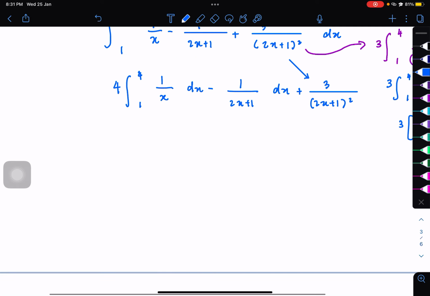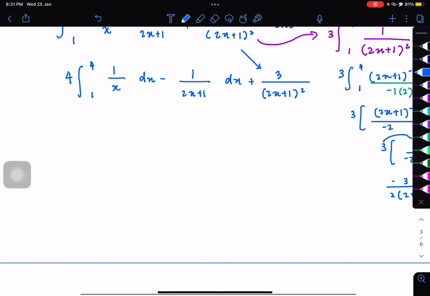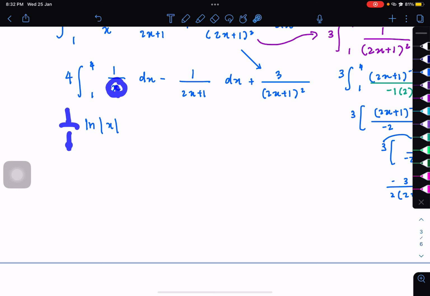Okay, now sekarang I will integrate 1 over x. 1 over x bila diintegrate dia akan jadi ln modulus x. 1 over 1 sebenarnya. Sebab kalau dia macam ni, kita 1 over dengan you differentiate this, you will get 1. Jadi 1 over 1. Nampak tak?